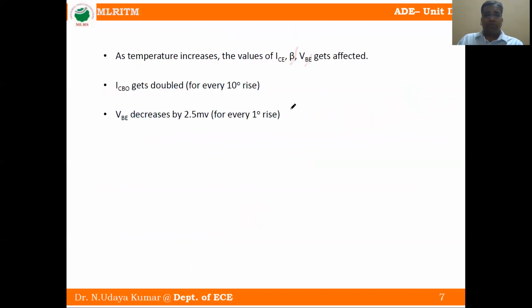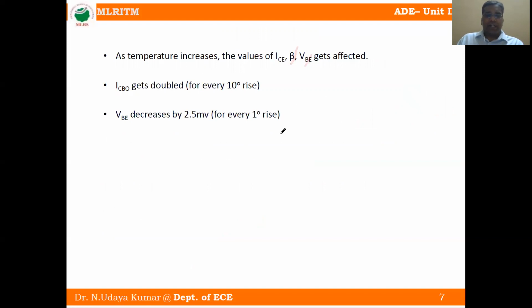So what do you mean by thermal runaway? Depending upon the construction of a transistor, the collector junction withstands a maximum temperature. Generally, a transistor is constructed like this. The collector can withstand the maximum voltage because the collector is the output side.